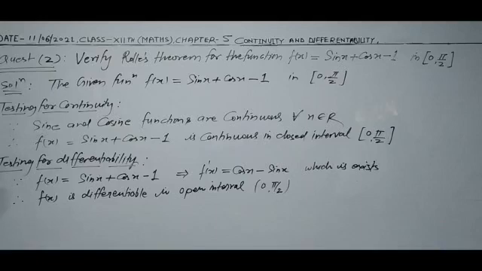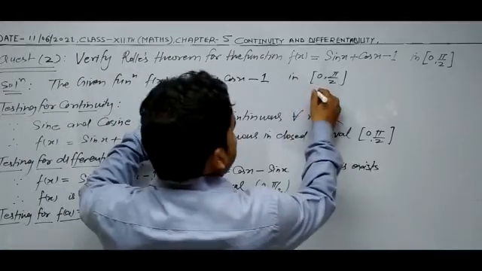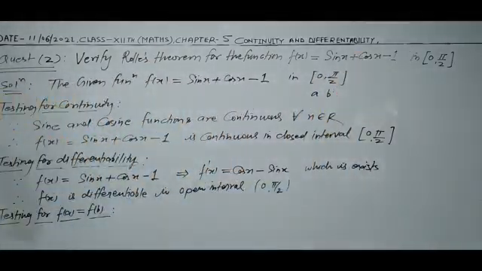Now come to the third condition, testing for f(a) is equal to f(b). What you will see? f of a, at the place of a, that is 0, at the place of b, that is pi by 2. So f of 0. Now calculate f of 0.